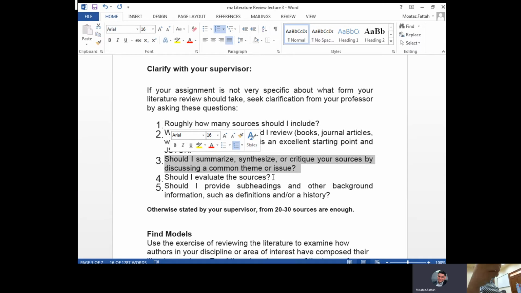So what I'm trying to say is you need to come up with a common theme that would eventually create a classification or typology for different types of literature that was done in the past. You can do that by theme.